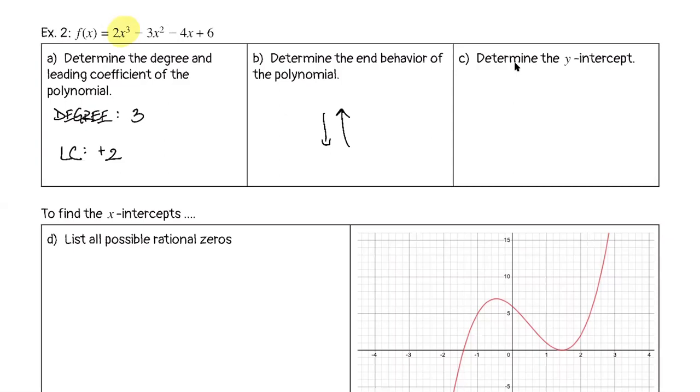And then to find our y-intercept, we're just going to plug in 0 into our equation. We're going to be really careful that we know this first term is going to go to 0, the second term is going to go to 0, the third term is going to go to 0, but the fourth term will give us the number. And so we can write our y-intercept as (0, 6).